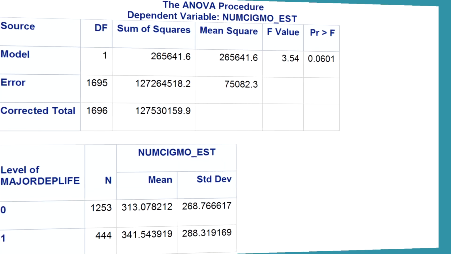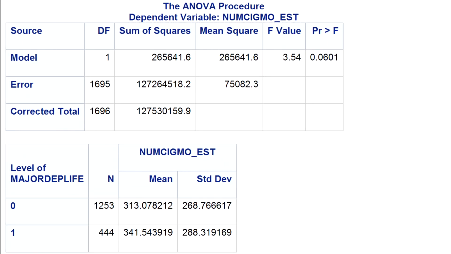If we look at the means table, we see that young adult smokers without major depression, as indicated by a value of 0, smoke an average of 313 cigarettes per month, and that those with major depression, indicated by a value of 1, smoke on average 341.5 cigarettes per month.